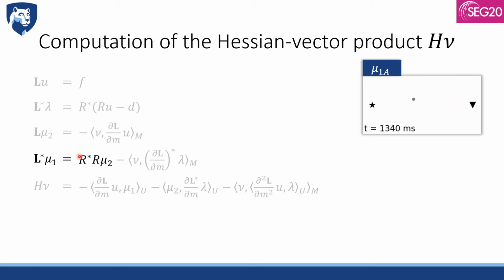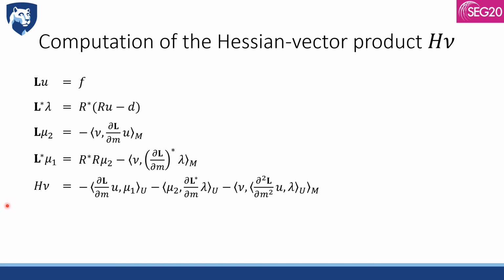The source A is R star R mu2, which means mu2 is sampled at the location of the receiver and the other points equal 0. So mu1a shrinks to the receiver just like the lambda. Part B of the adjoint source involves the interaction with nu. So again, it only has non-zero value at the scatterer, so mu1b shrinks to the location of the scatterer.